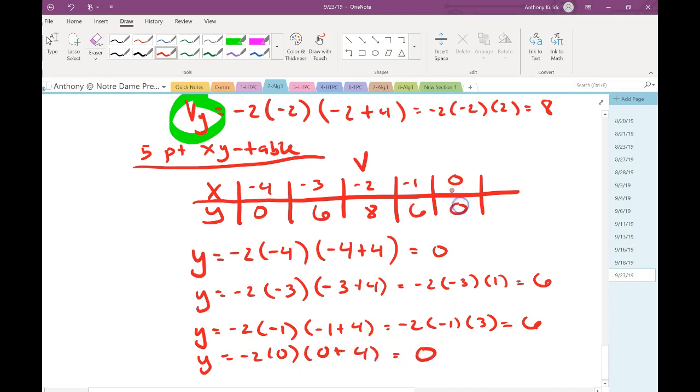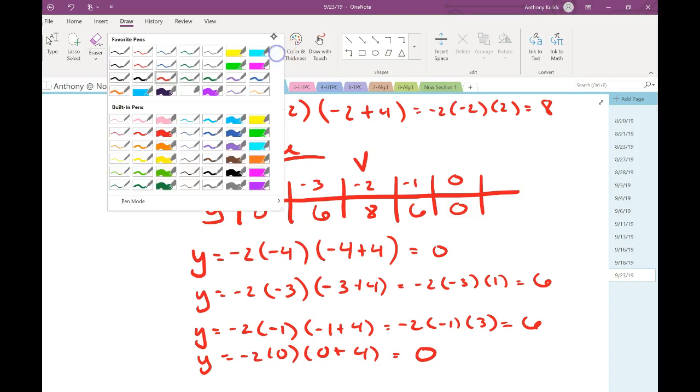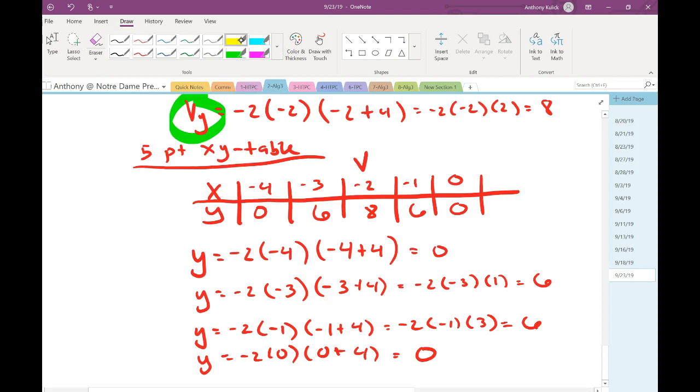And that gives me 0. So a little bit more time consuming than having to use the transformation math, but not terribly so. And I want to point out to you, notice that this XY table looks symmetric. I have a y-coordinate of 6 on either side of the vertex, and then 2 spots from the vertex, the y-coordinate of 0.